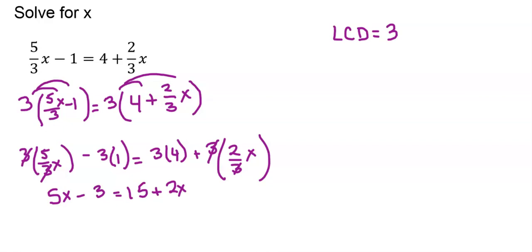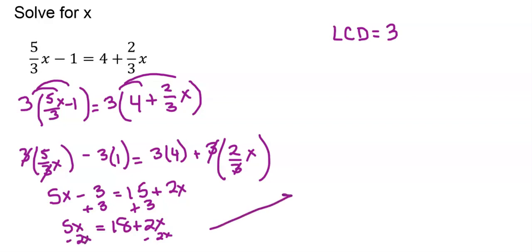And now we're just going to get the variables on one side, numbers on the other. So we'll add 3 to both sides, and we'll have 5x equals 15 plus 2x. We'll subtract the 2x from both sides. I'm running out of room, so I'm going to continue this over here. 5x minus 2x is 3x.